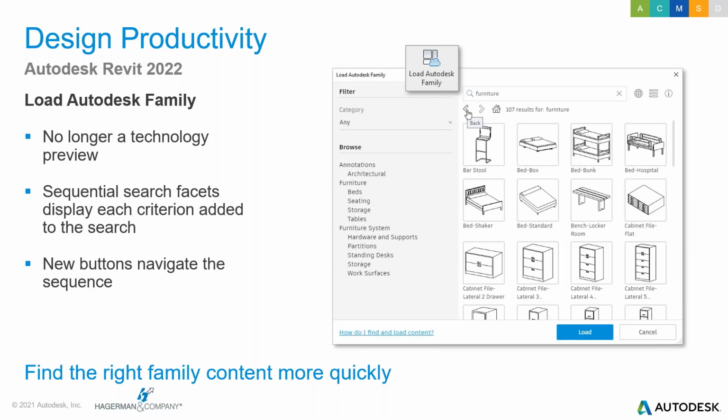This includes a sequential search facet with back, forward, and home buttons to assist you navigating through the available content. The node you are currently browsing is highlighted to help you understand its location in the organizational structure. The end result being that this feature helps users find the right family content more quickly, definitely improving user productivity.